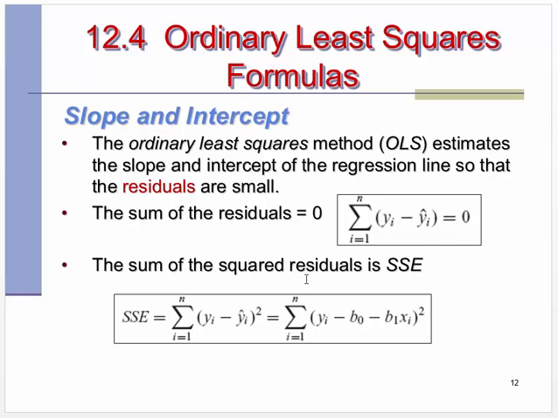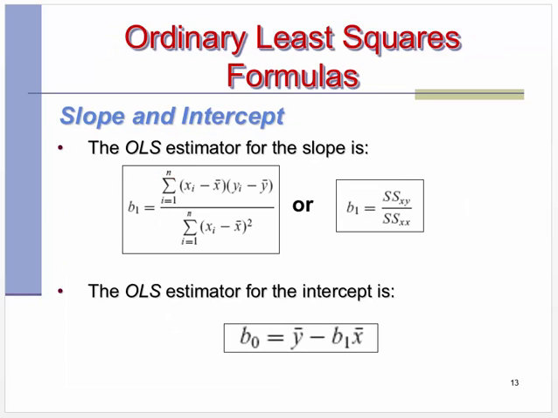The sum of squared residuals is SSE, the sum of squares error. SSE is the sum of yi minus y hat, the predicted value, squared, where you plug in y hat as b0 plus b1 xi. So that's SSE, kind of similar to the concept in ANOVA. The OLS estimator for the slope is b1 equals the sum of xi minus x bar times yi minus y bar, divided by the sum of xi minus x bar squared.